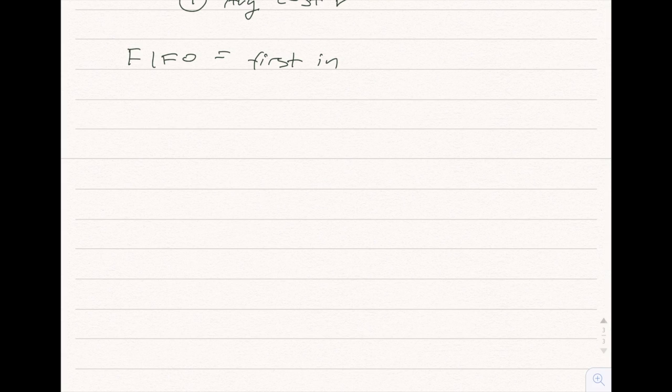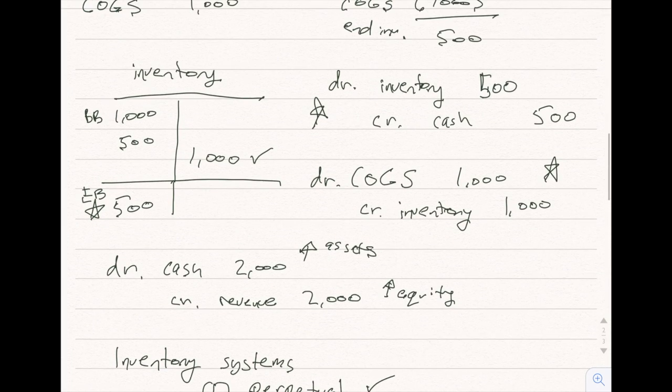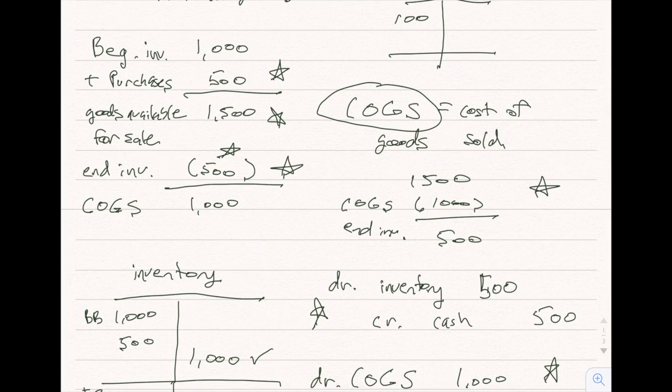Which is first in, first out. Basically what this is saying is, again, it's a cost flow assumption. And the assumption is, going back to our merchandiser, our retailer, right? This is why I started with this equation: beginning inventory, purchases, cost of goods sold.